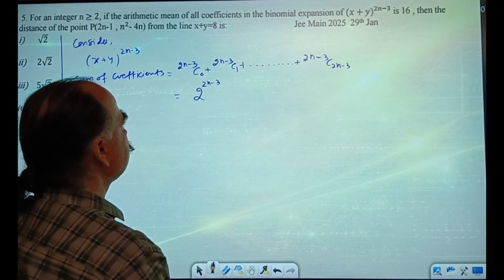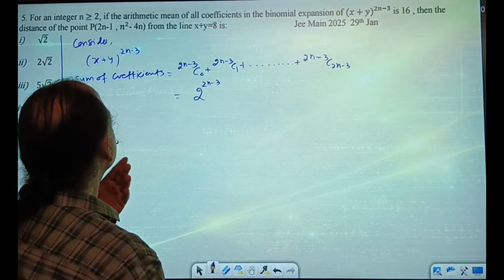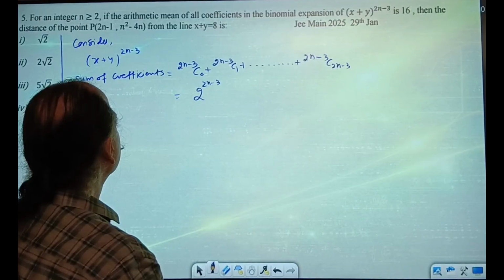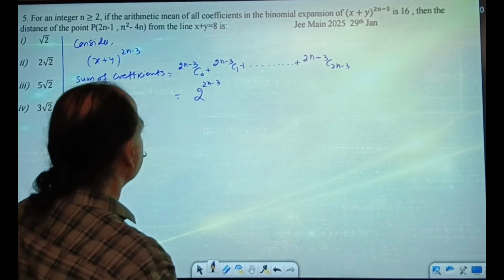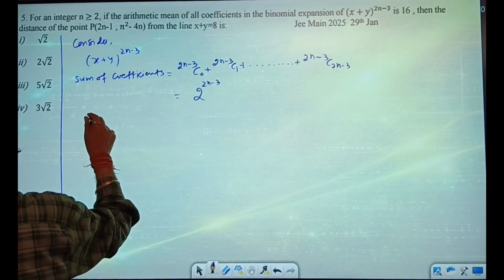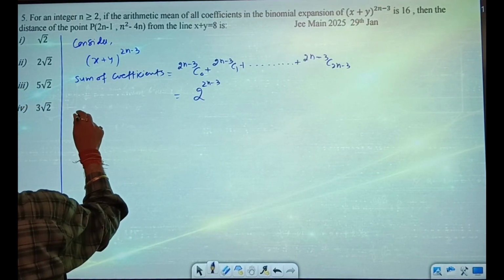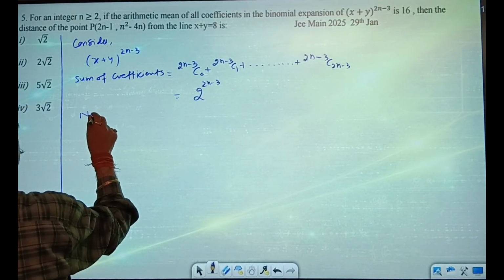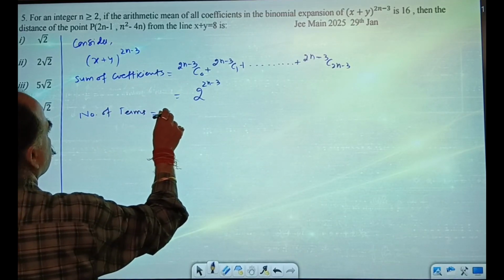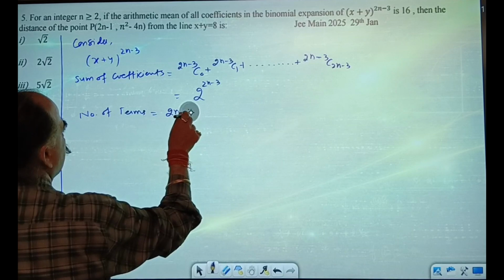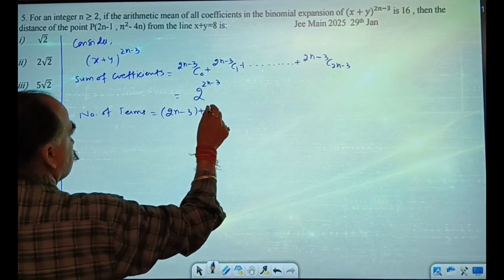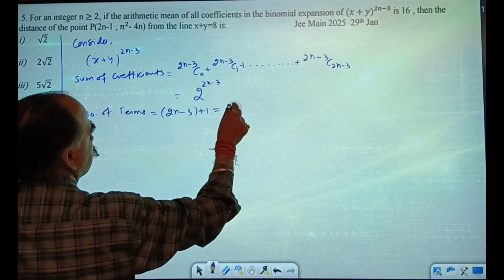The number of terms is the power plus 1, which is 2n minus 2.